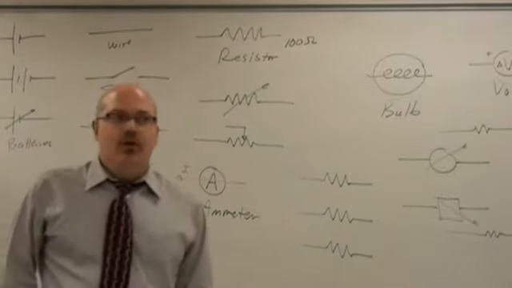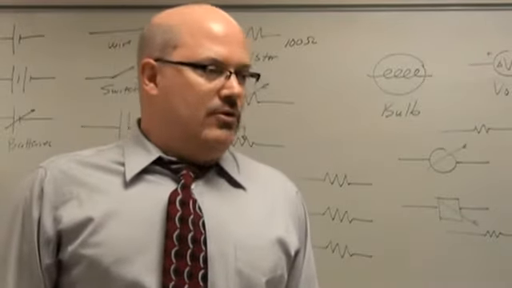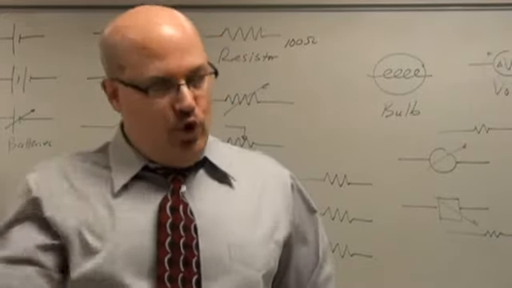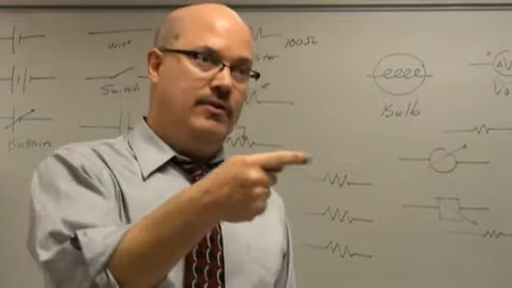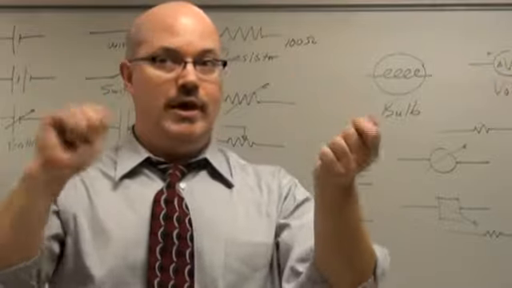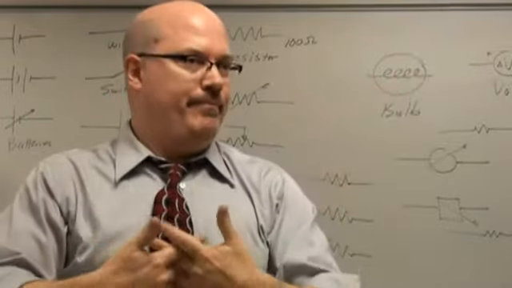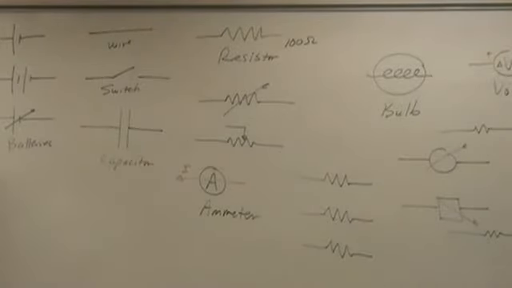So the only way for an ammeter to measure the current you want is to force the current you want through it. Whereas a voltmeter measures the difference between the two sides. It takes the potential on one side, the potential on the other side, and subtracts it.